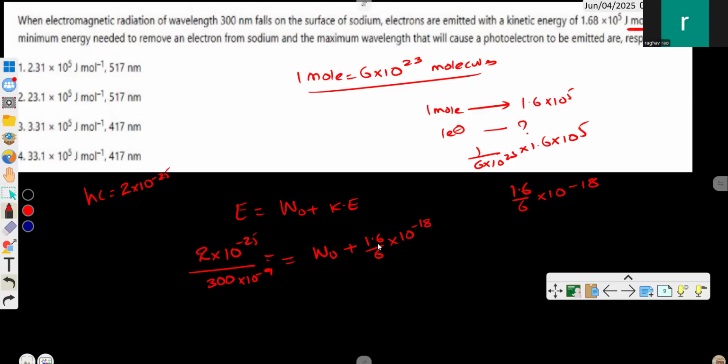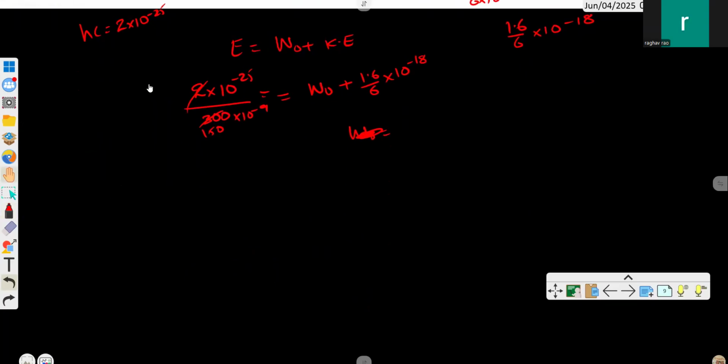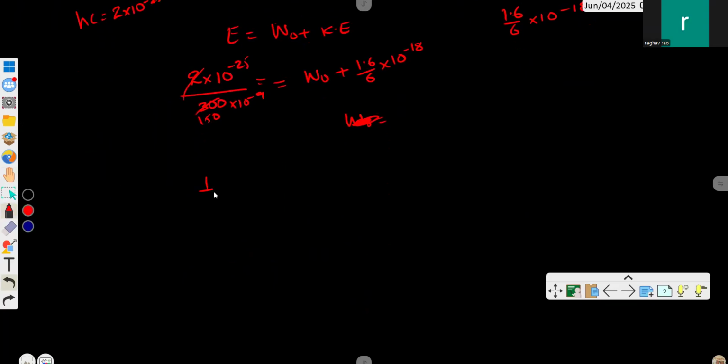If you do the calculation, the work function is equal to 1 by 150 into 10 power minus 15 minus, approximating 1.6 to 1.8, 0.3 into 10 power minus 18.